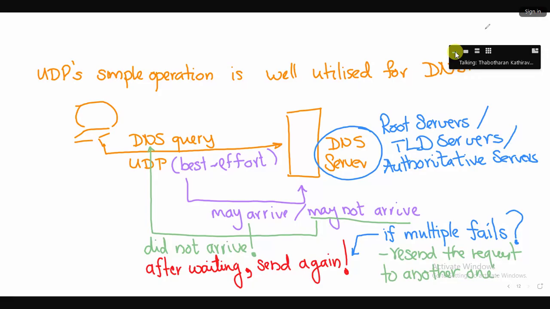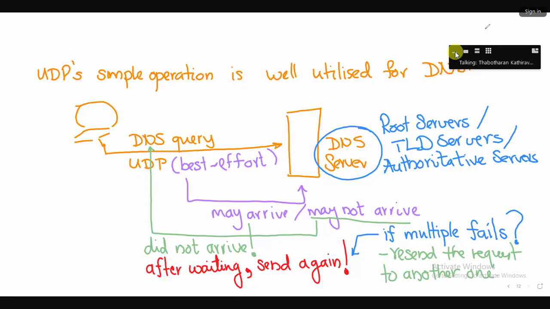When top level domain servers send you a reply, they send you a list of authoritative servers. So you don't have just one server, you have multiple servers. After multiple failures, you can send your request to another one from your list. So DNS operates like that.